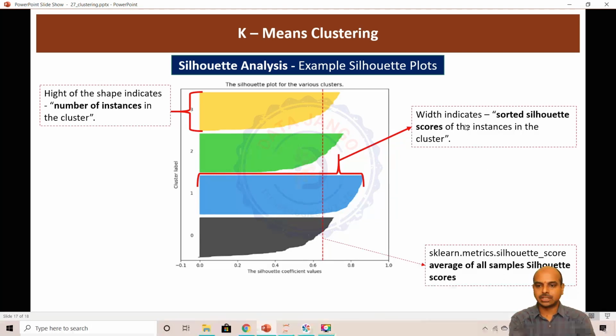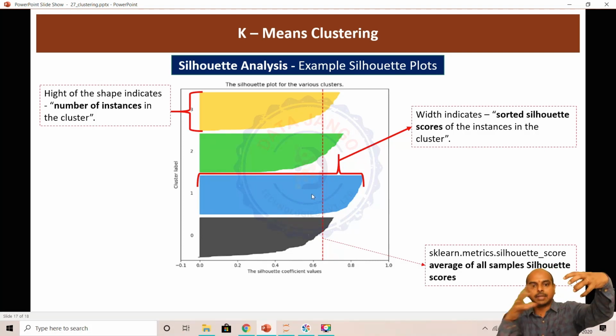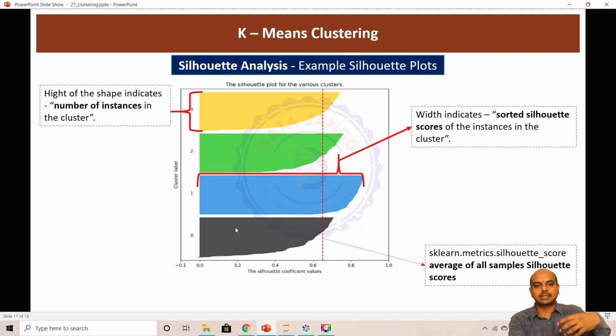The width actually shows sorted silhouette scores of the instances in the cluster. So width indicates that the silhouette scores are high. Most of the silhouette scores are high, that's when it actually crosses the score. That means this cluster is actually far from the other clusters. This cluster is kind of close to the other clusters, but overall all these clusters are actually forming well.